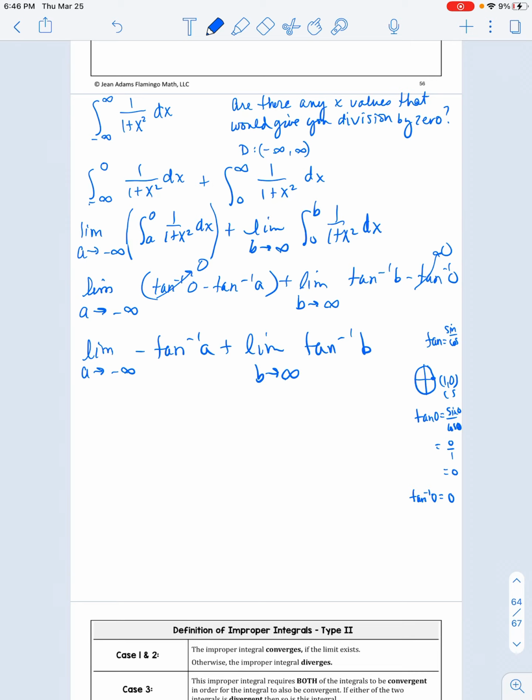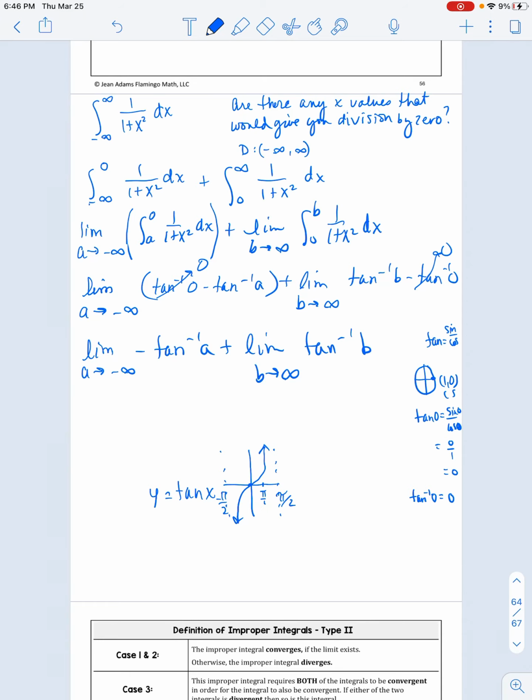Now, I also want to remind you on this problem what tangent looks like. So if I was going to just sketch a graph of tangent, I would remember that there is a vertical asymptote at pi over 2 and at negative pi over 2, and that my tangent function looks something like that.